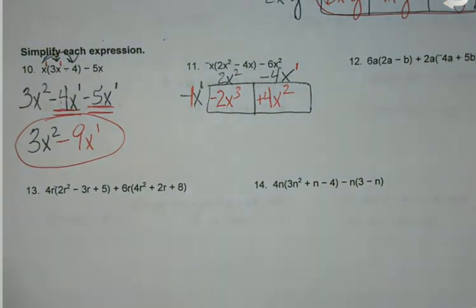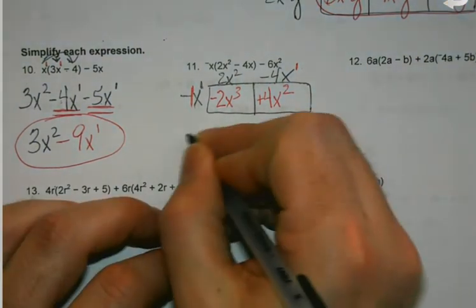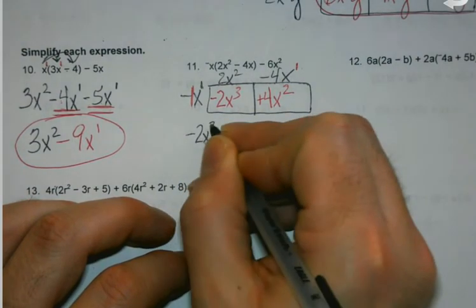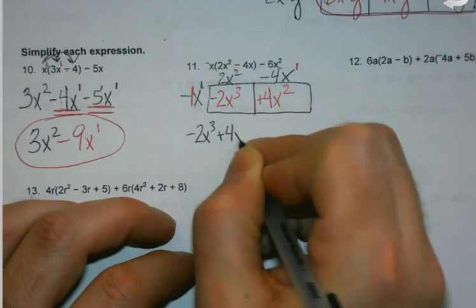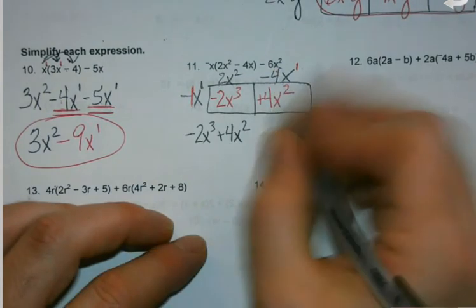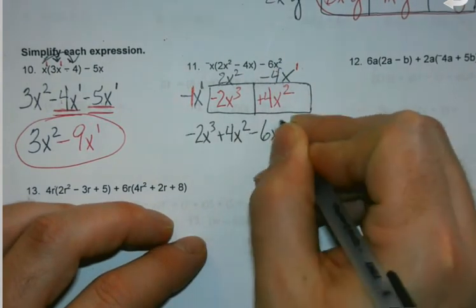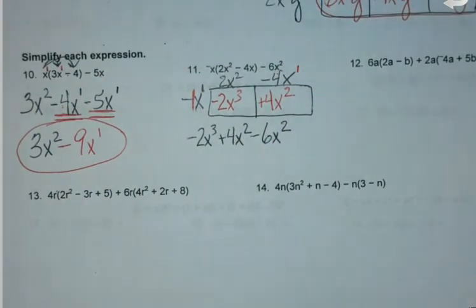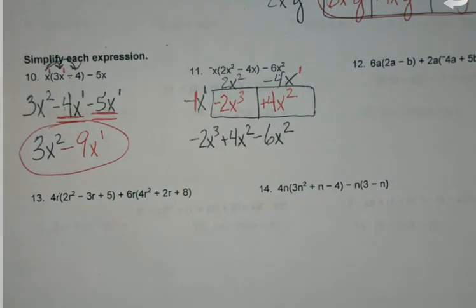So once I did that box part, here's what I'd do then. I'd say, okay, so I've got negative 2x to the third plus 4x squared. But now this minus 6x squared that I haven't done anything with yet, I'll go ahead and write that down. And now I take one last look and I say, okay, what do I have that's alike?